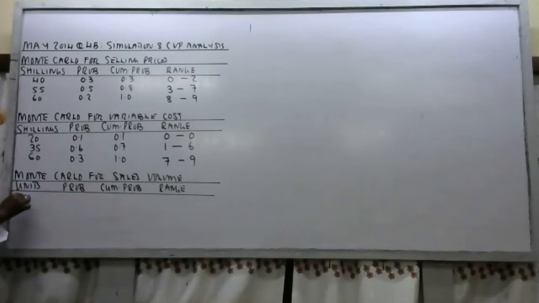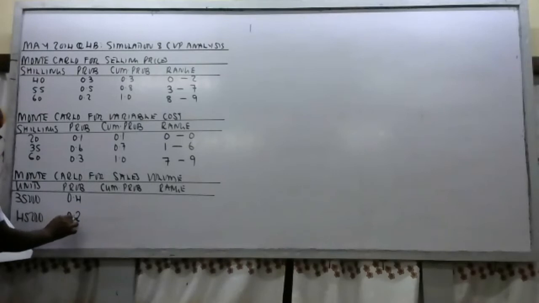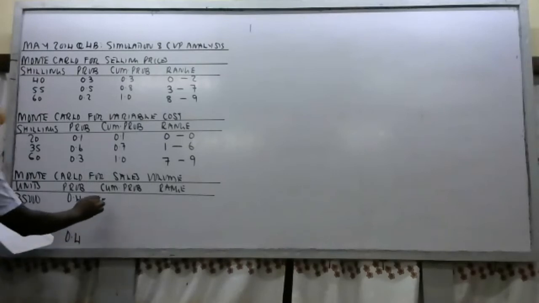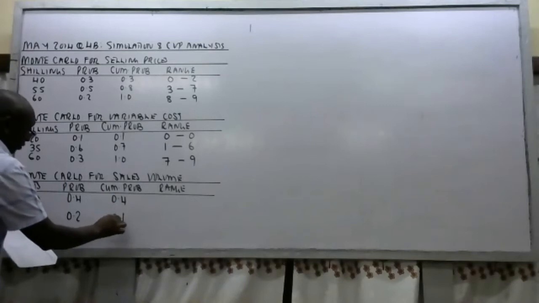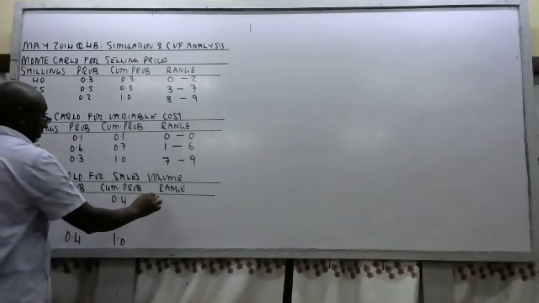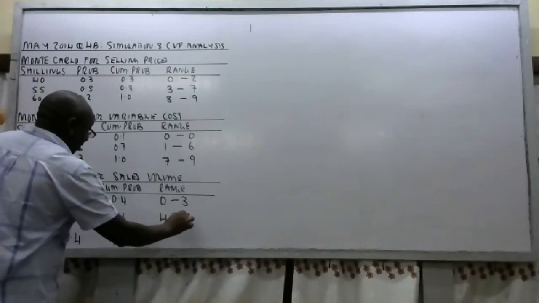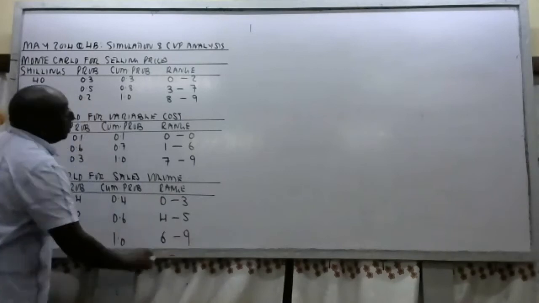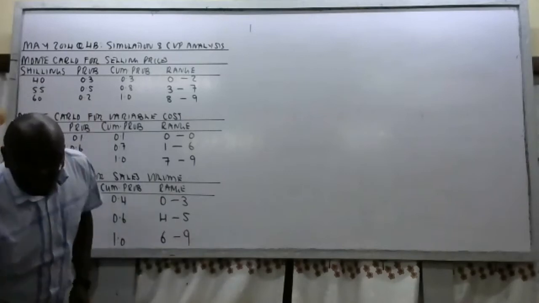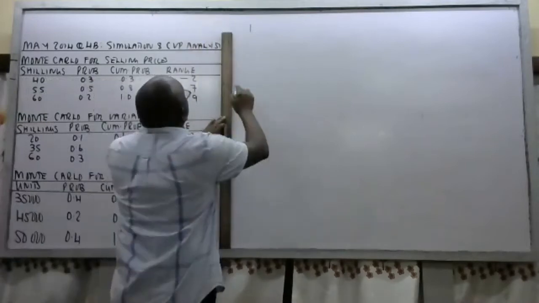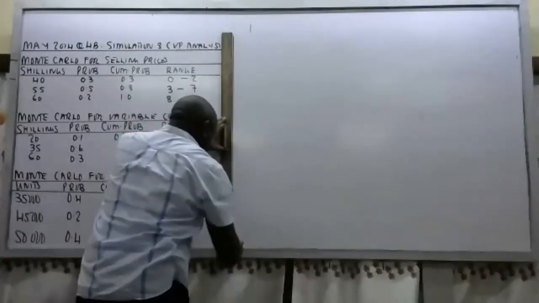So this is 35,000, I have 45,000 and 50,000. Probabilities 0.4, 0.2, and 0.4. So cumulative 0.4, 0.6, and 1. So this is 0 to 3, 4 to 5, and 6 to 9. Those are the Monte Carlos.